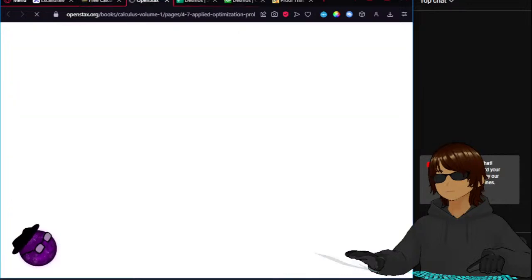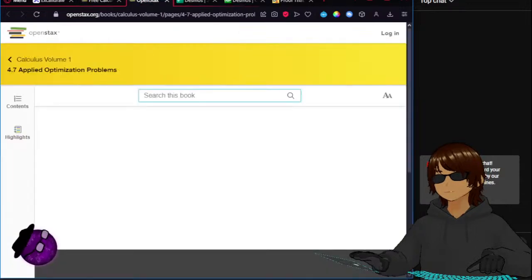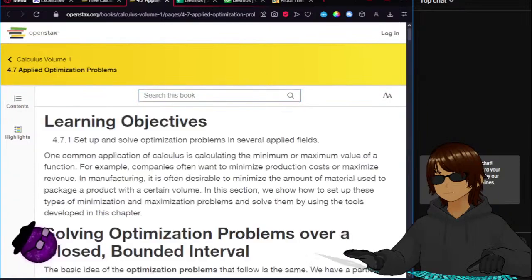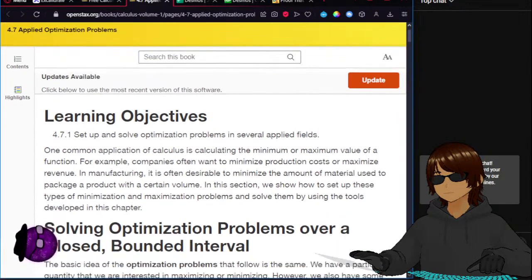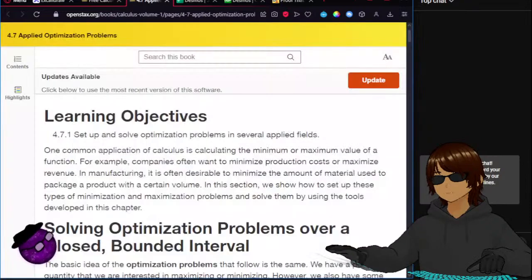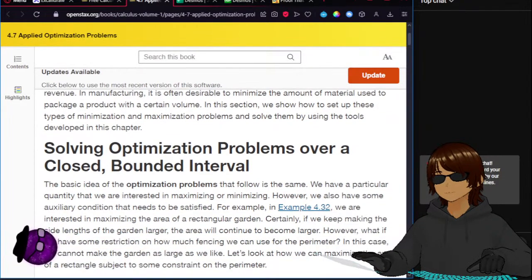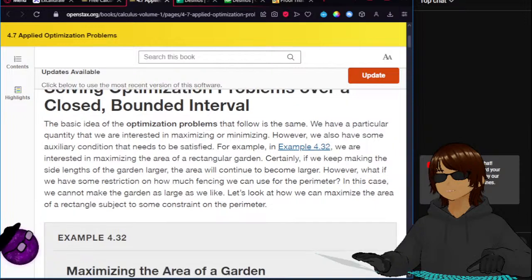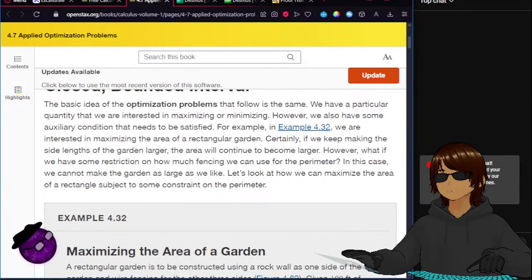Optimization. The basic idea of the optimization problems that follow is the same. We have a particular quantity that we are interested in maximizing or minimizing. However, we also have some auxiliary conditions that need to be satisfied.